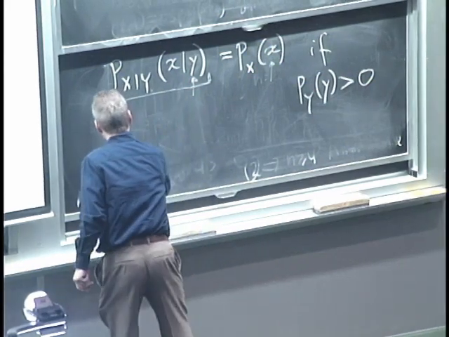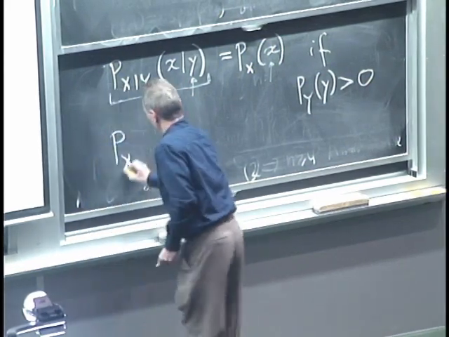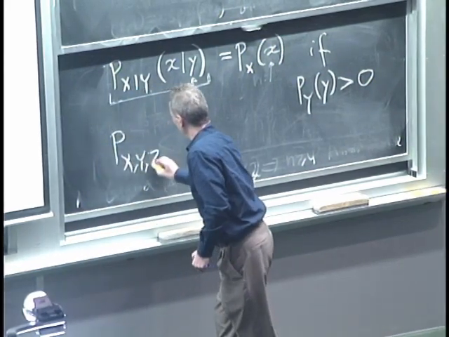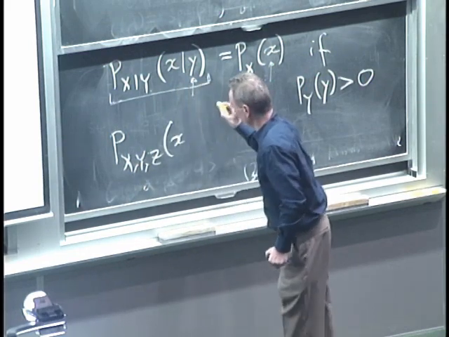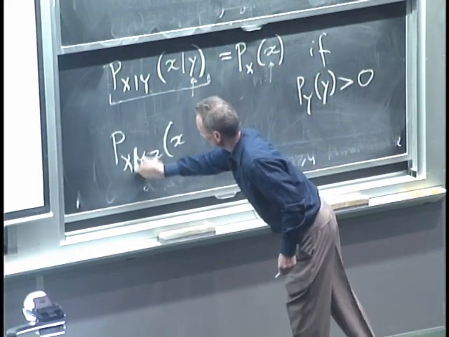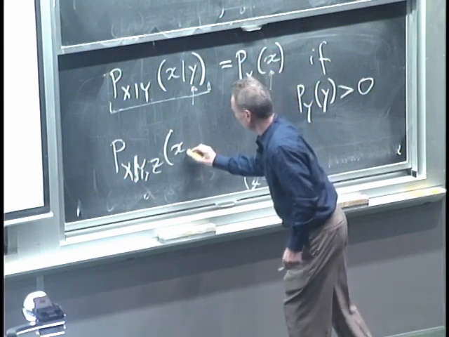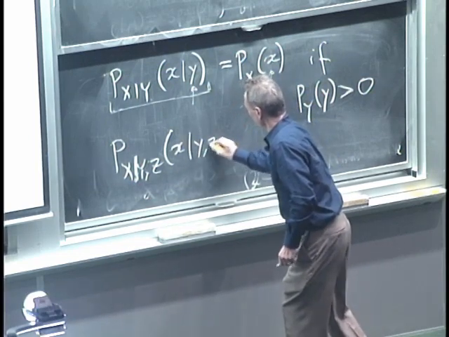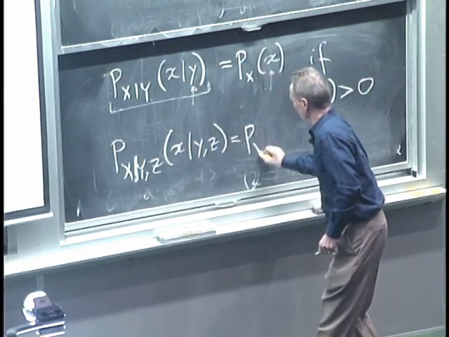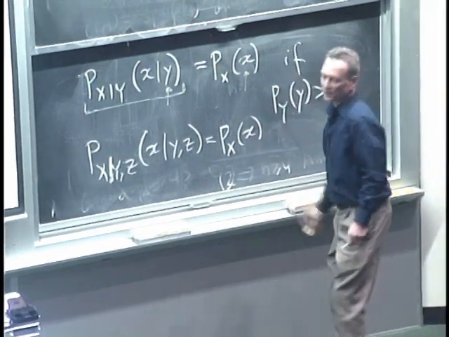Now, similarly, with multiple random variables, if they're independent, you would have relations such as the conditional of x given y and z should be the same as the marginal of x. What is this saying?